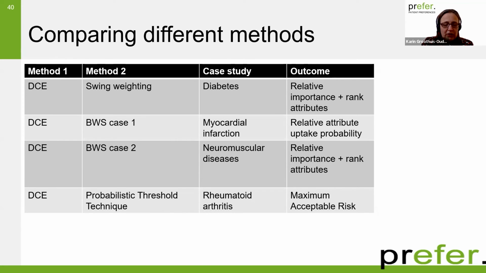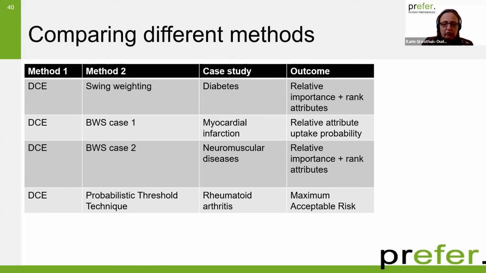And depending on which method was chosen as a second one, we could also look at different outcomes that were derived in those studies. For example, you can see in the last column the outcomes that were compared between the different methods. Unfortunately, due to the nature of those different methods, these outcomes are not the same.